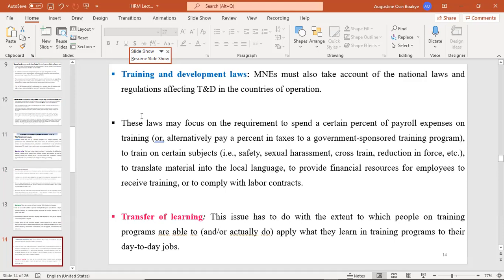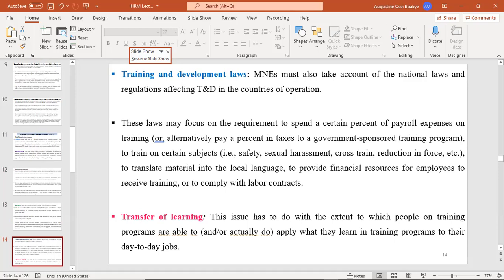And transfer of learning: whether what you have learned through the training program can actually be translated or used in the real world of work.